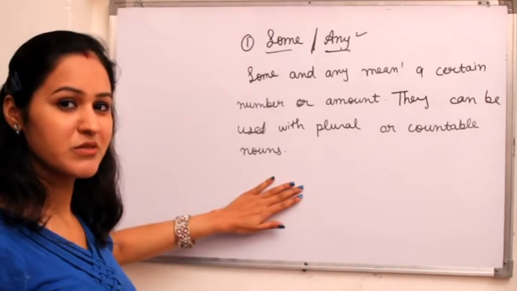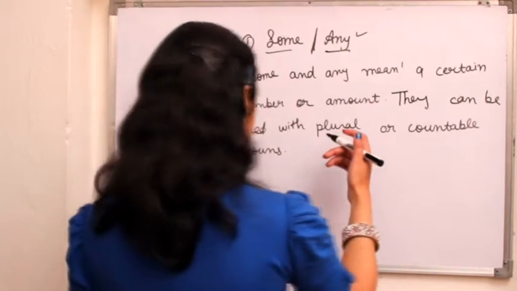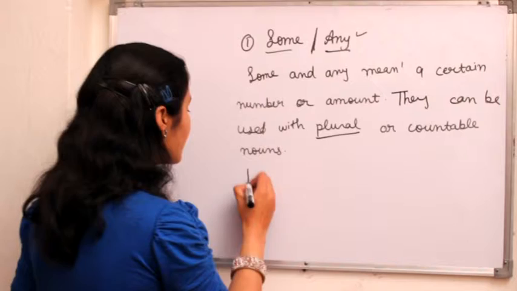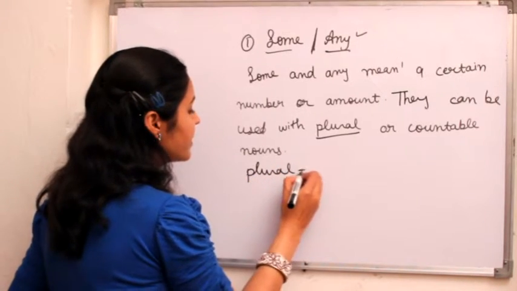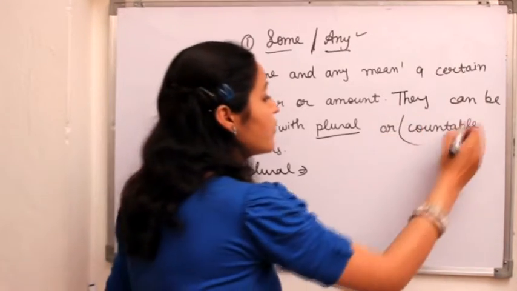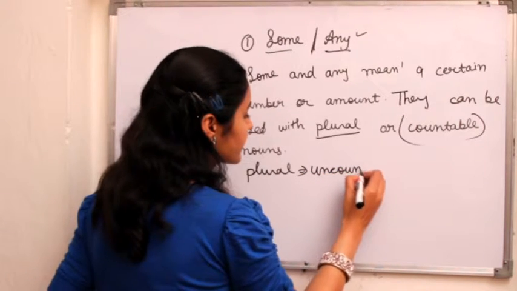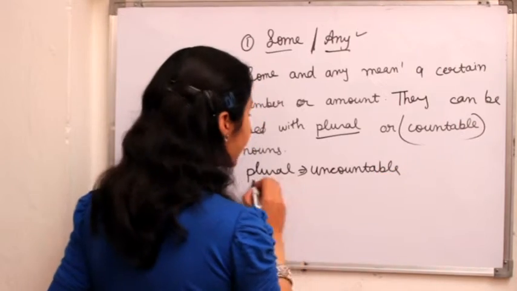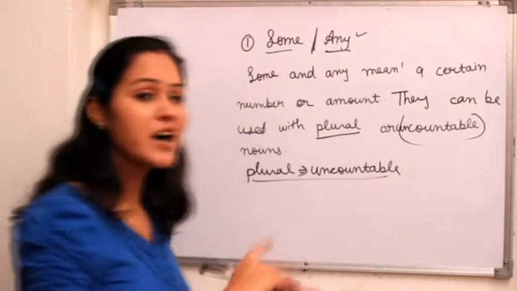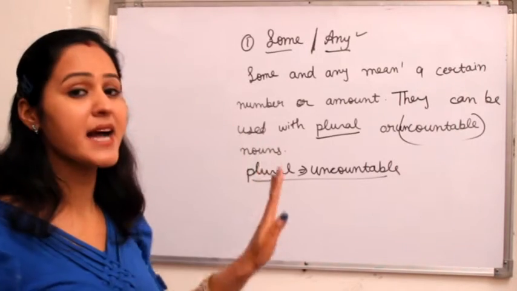Just remember that when you are talking about plural, in the last lessons I explained to you that we have to use here uncountable. So this is the exact definition of some and any.